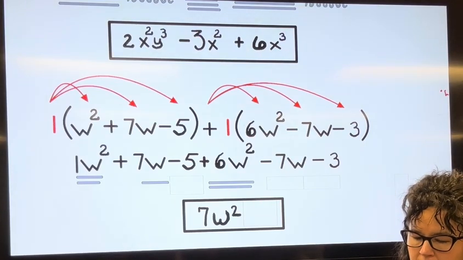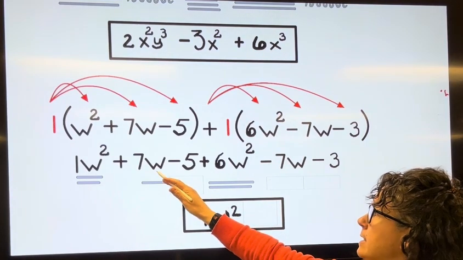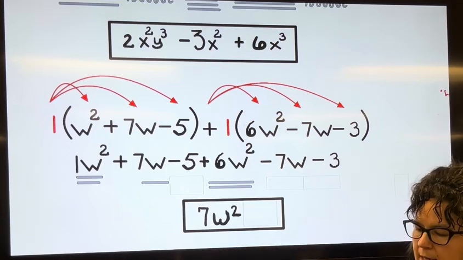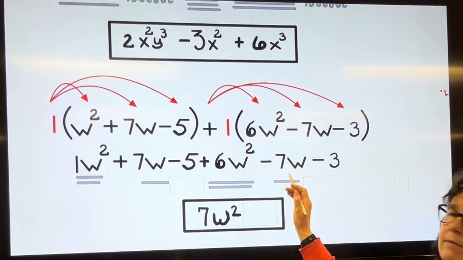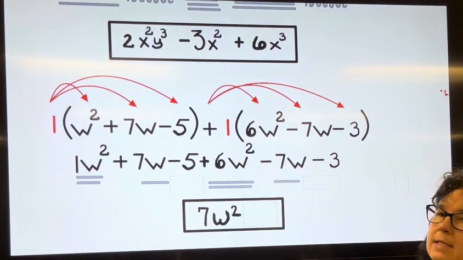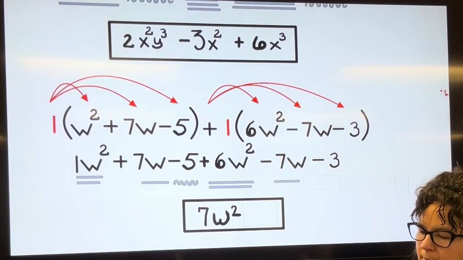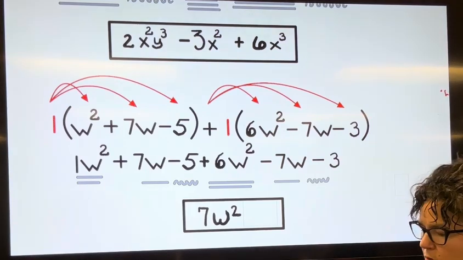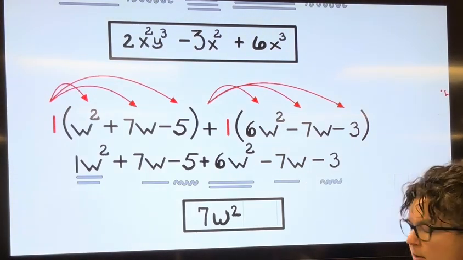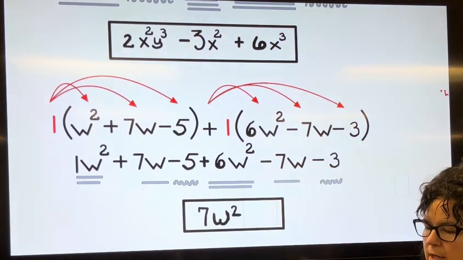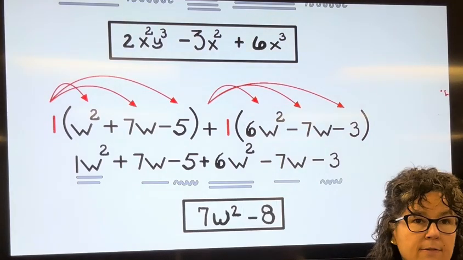Okay, then I've got 7w, and I have minus 7w. So 7w minus 7w, all the w's are gone. And then I have -5 and -3. Okay, so -5 minus 3 is -8.